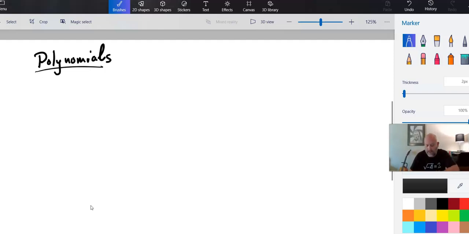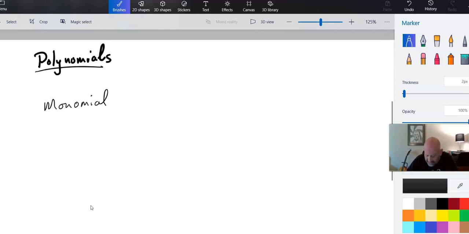Now, I find it easiest to start this way. The first thing I want to look at is a monomial. And if you look at the word monomial, you see the word mono in there, and that means one. And so that's a big indicator of what we're looking at.